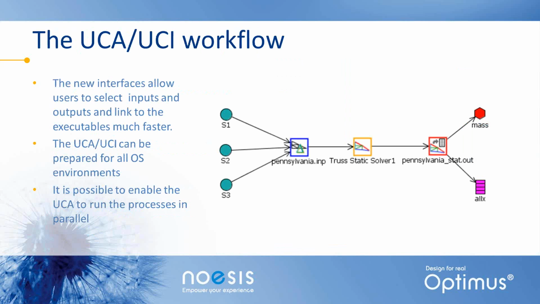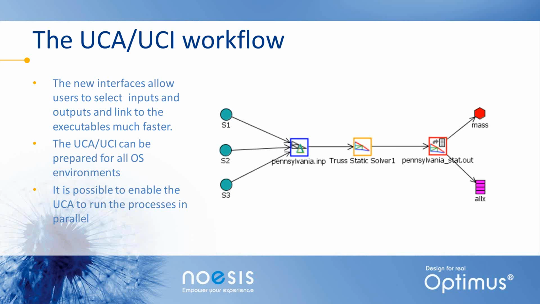So first of all, this is what you can see as a workflow. You may have three types of interfaces. This example is taken from the tutorial that you have in Optimus, and the blue left icon is what is called a UCI input, and from there you can easily connect with the input parameters that you have in the workflow.